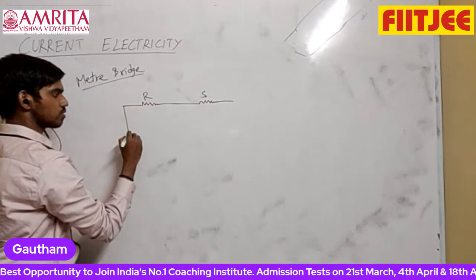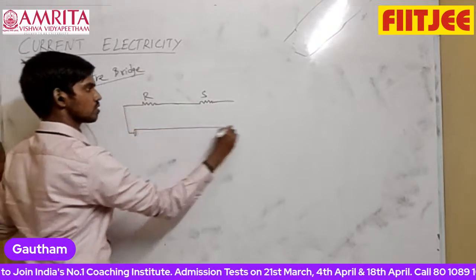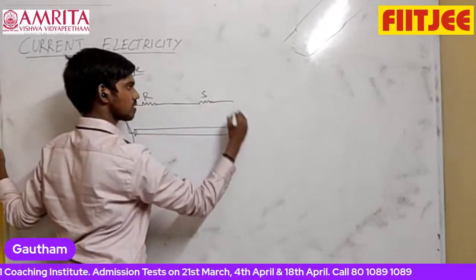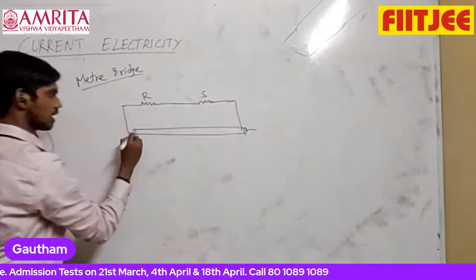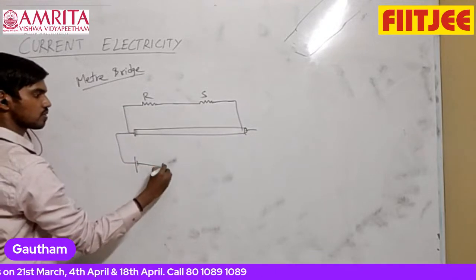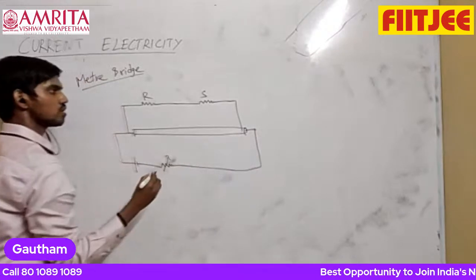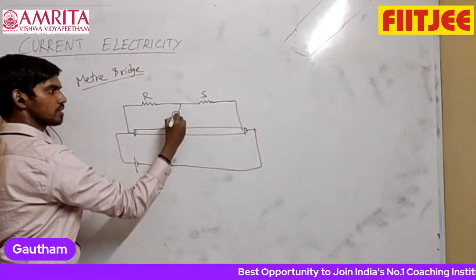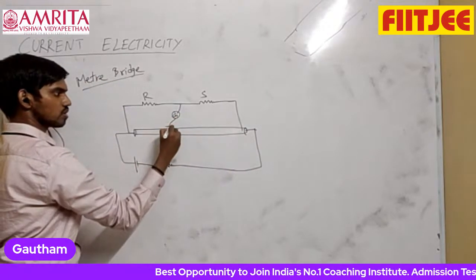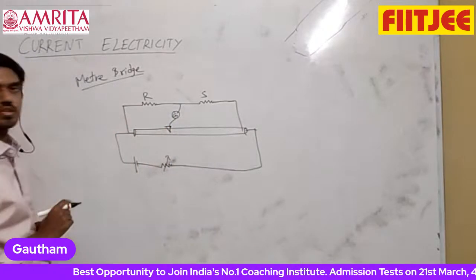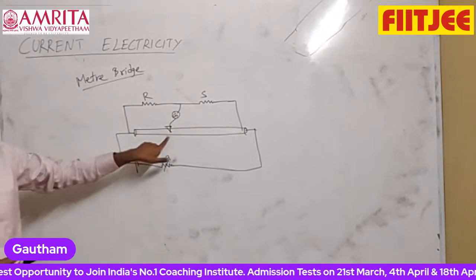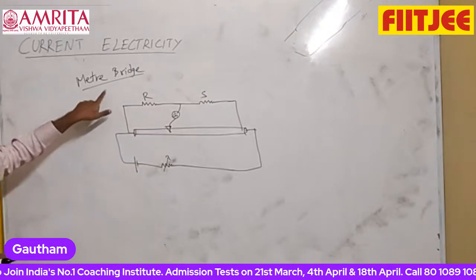And then it will be connected to some long wire, and then there will be a battery, maybe some rheostat as well. So the galvanometer, jockey. This is the experiment I hope that you will be doing in lab with the meter bridge.